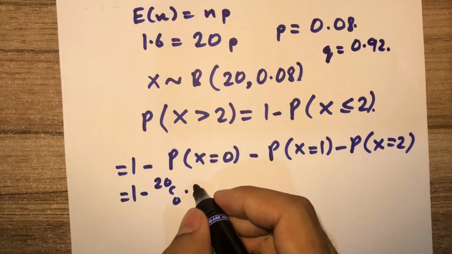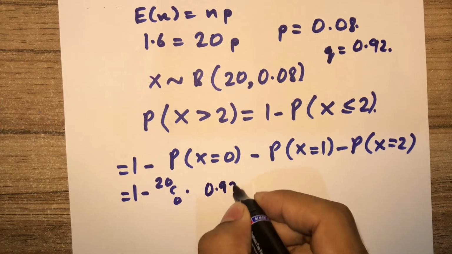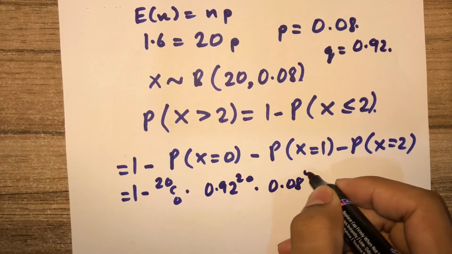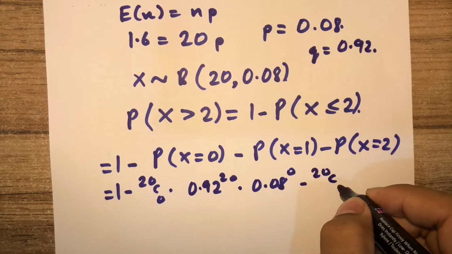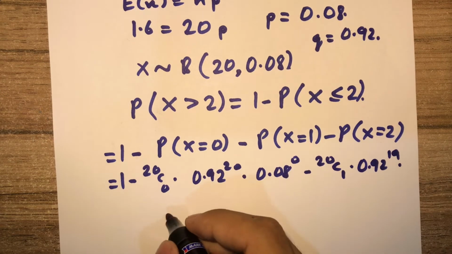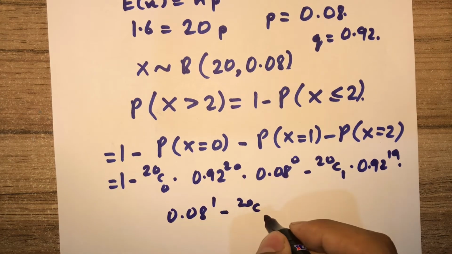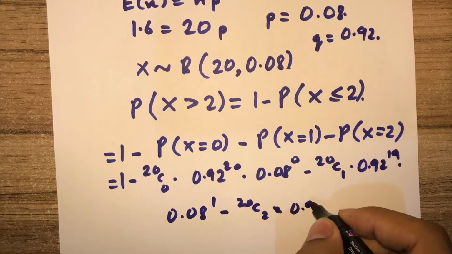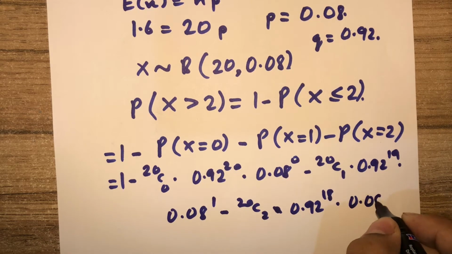So now coming to the formula, 20C0, then the probability of failure is 0.92 power 20 times 0.08 power 0, minus 20C1 times 0.92 power 19 times 0.08 power 1, minus 20C2 times 0.92 power 18 times 0.08 power 2.